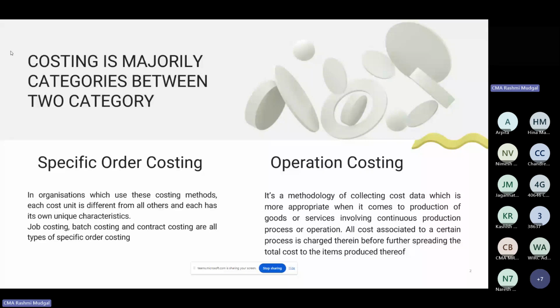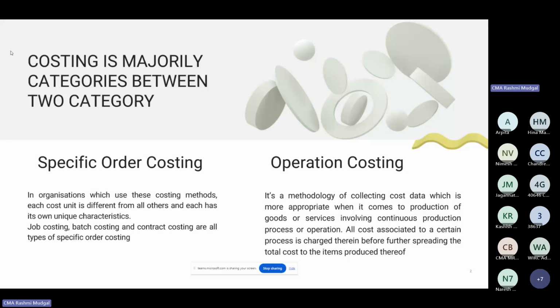In specific order costing, each output has unique characteristics, but operational costing suits mass production, when the goods are identical to each other. In specific order costing, each cost unit is different from the other.